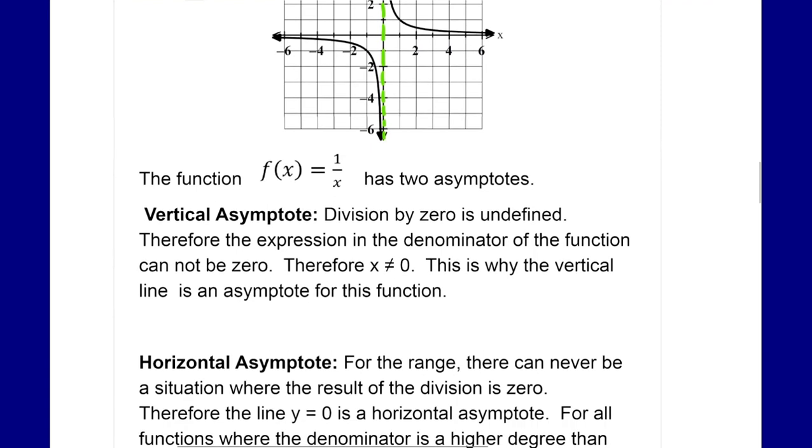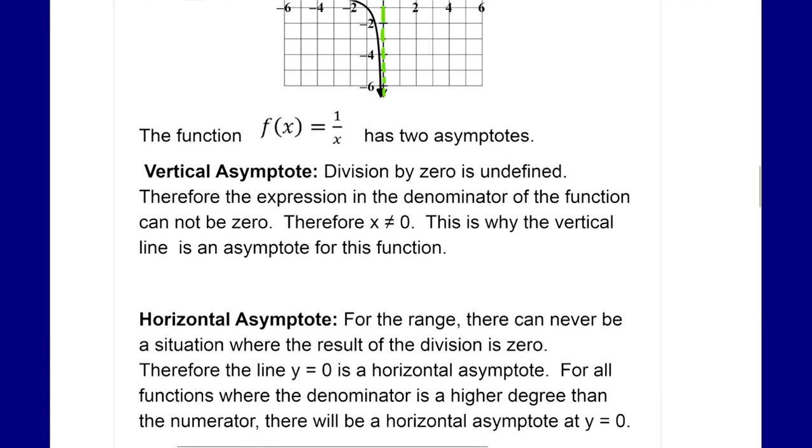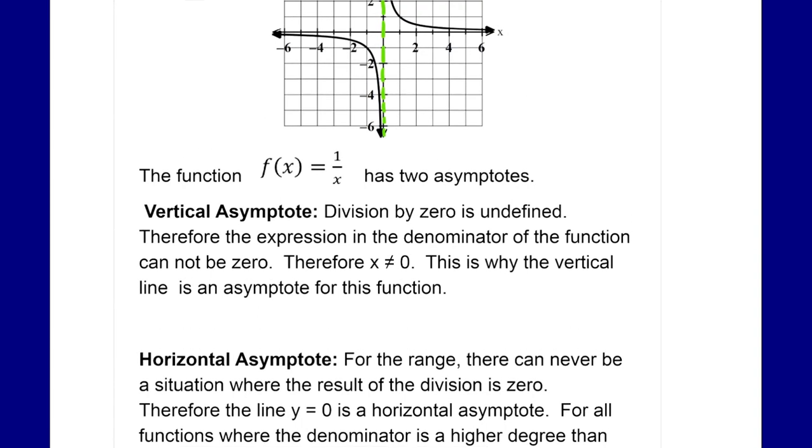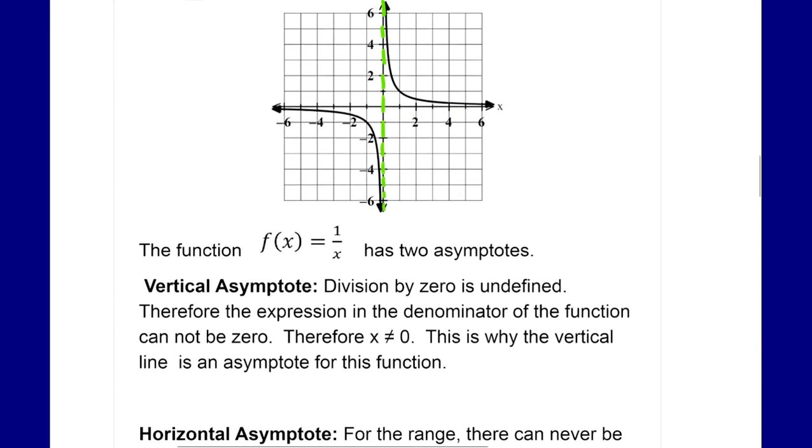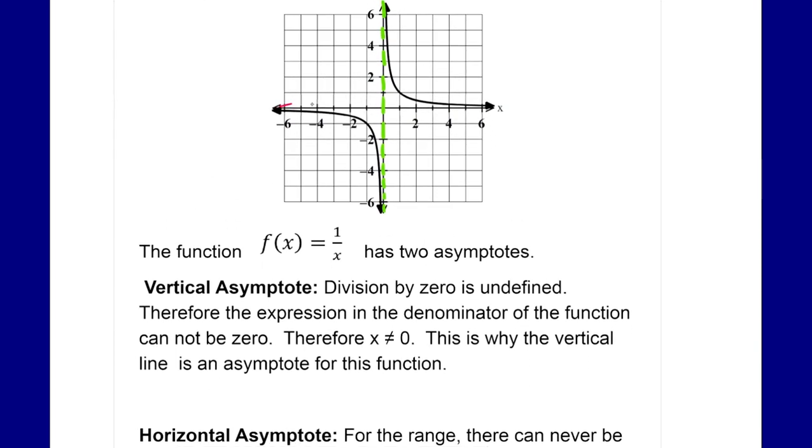We also have a horizontal asymptote. For the range, there can never be a situation where we divide to get a result of 0, so the line y = 0 is a horizontal asymptote. It's going to look like our function touches it, but in actuality, if we were to zoom in on the tails on either side, positive and negative, it would never be touching.